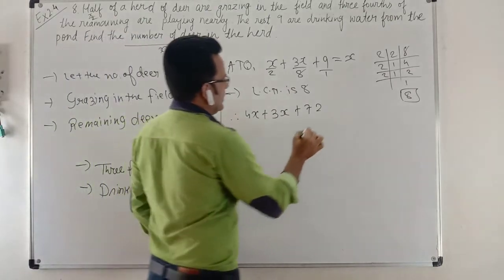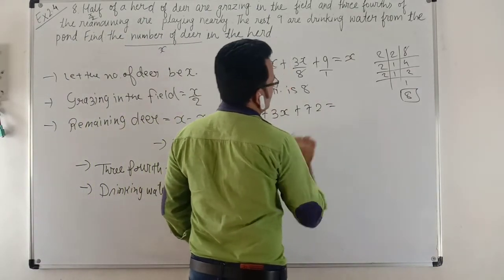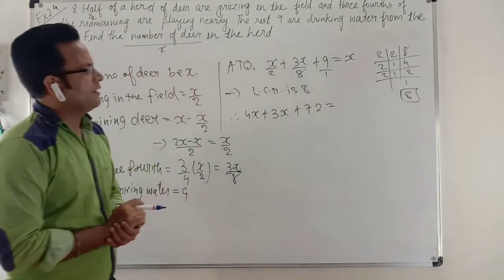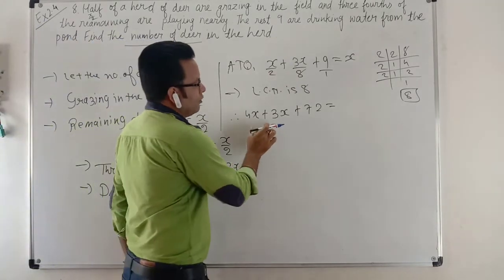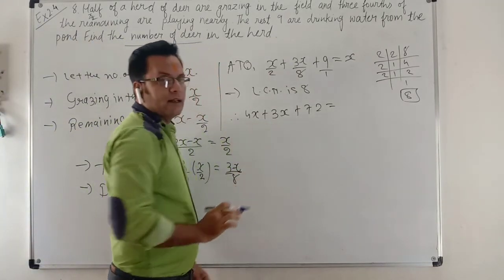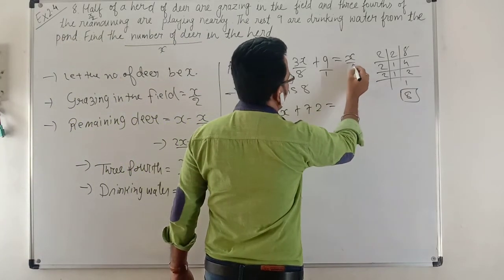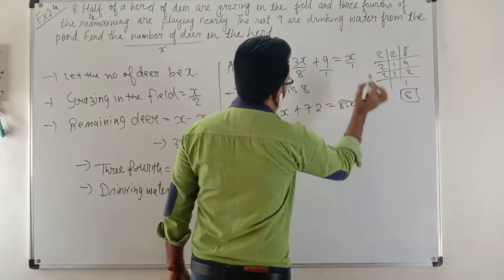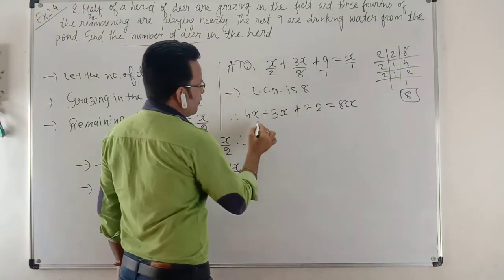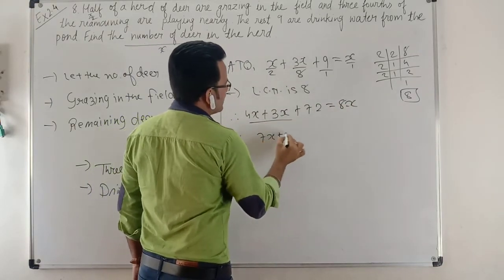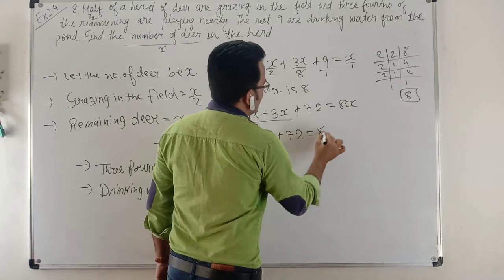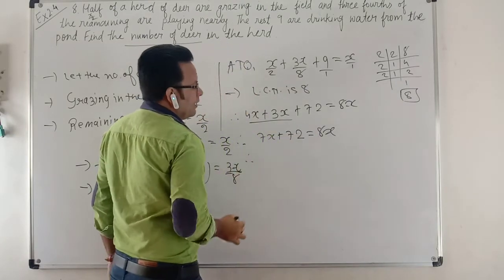72 is equal to, now you have to understand, see here LCM is 8, so you have to apply the same LCM to this x also, so it will be 8x. Therefore 4 plus 3, 7x plus 72 is equal to 8x.